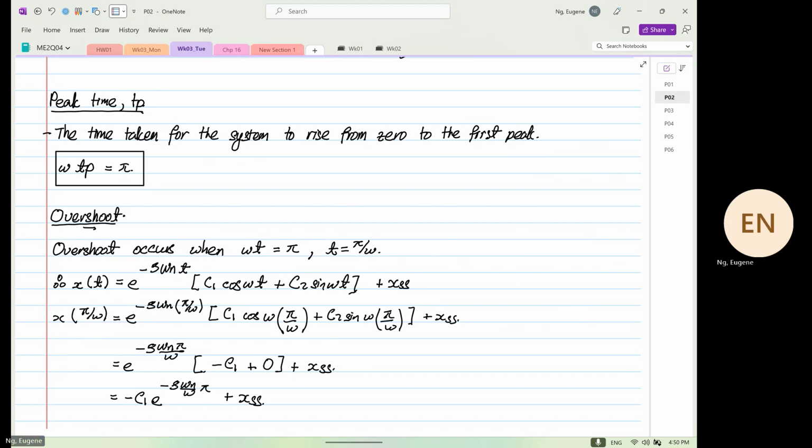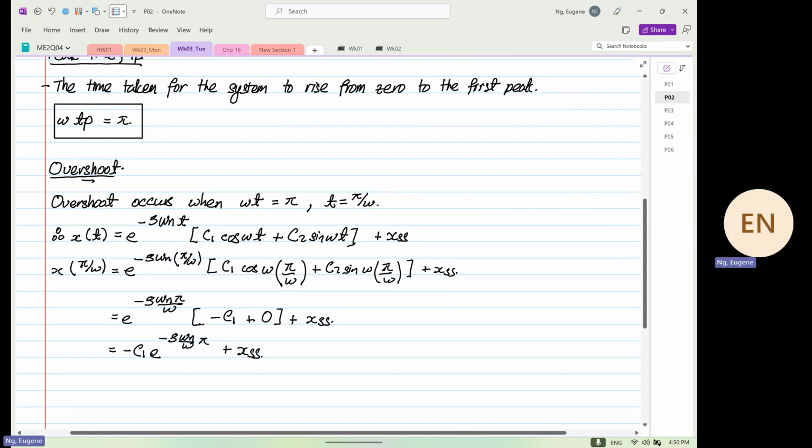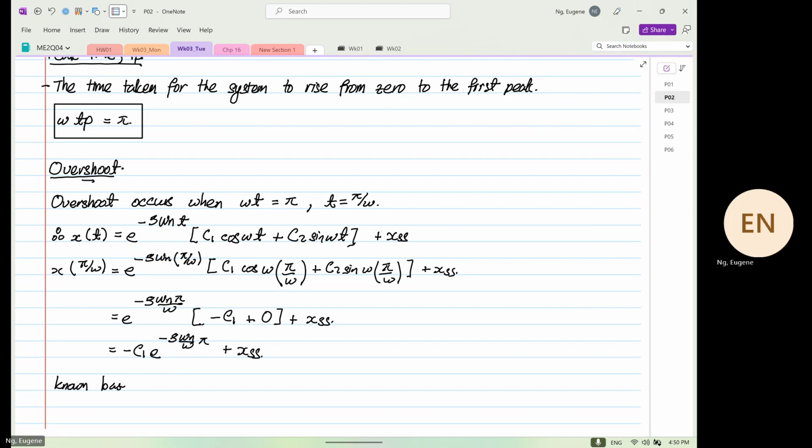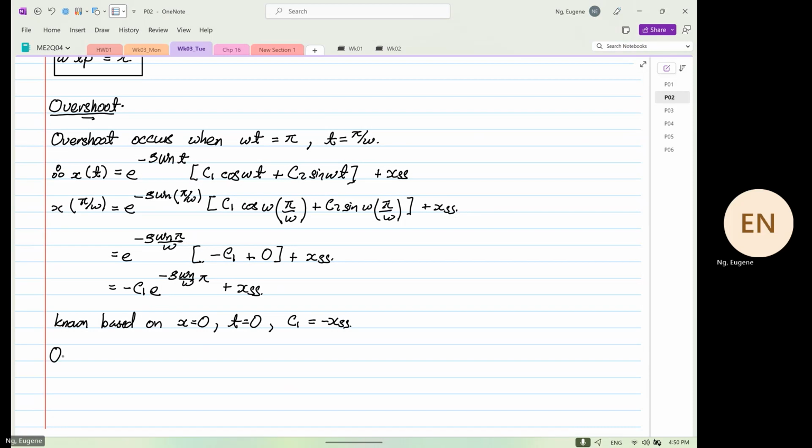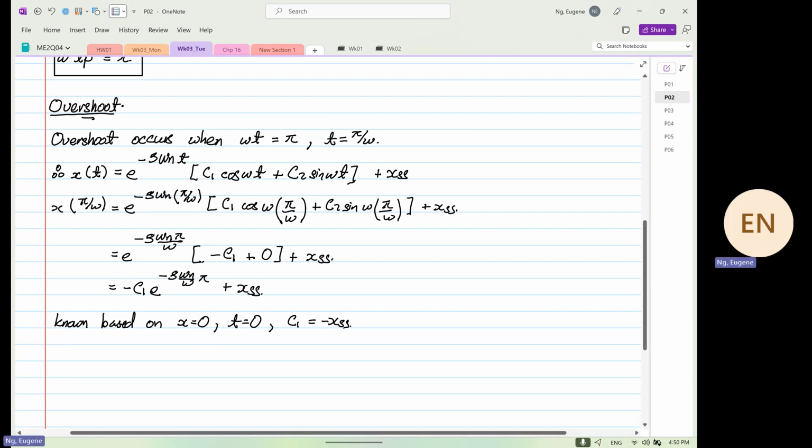Okay. So we already know, based on when x is equal to 0, time is equal to 0, C1 is equal to minus XSS. We found that already. Okay. So when that's the case, our overshoot, or the function, will now look like this.